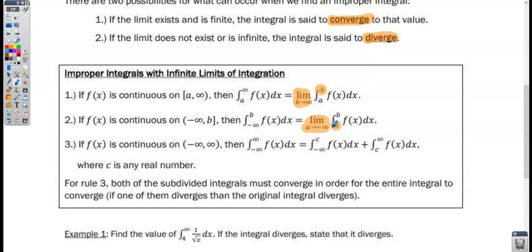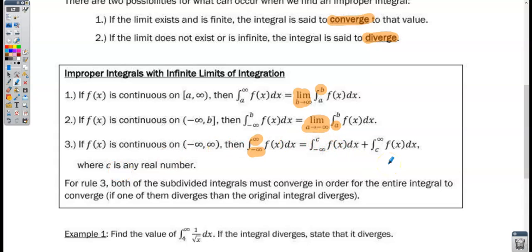And then for part 3, if we have a function that's continuous on the interval from negative infinity to infinity, and we try to take the integral from negative infinity to infinity of the function, we actually have two infinite values to replace here. So what we'll do is we'll split the integral into two parts. We'll pick some convenient number c in the interior.